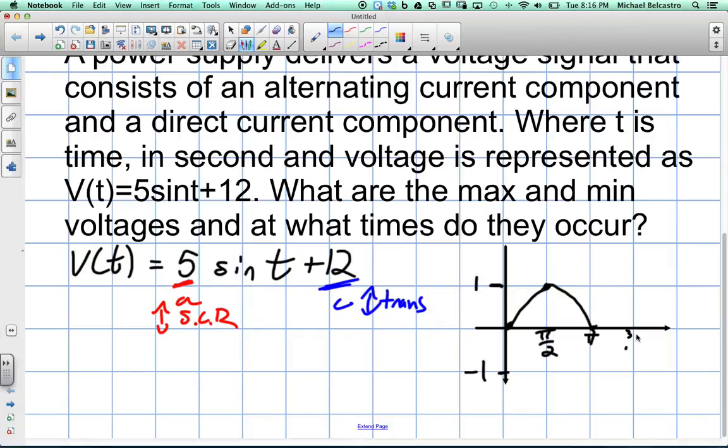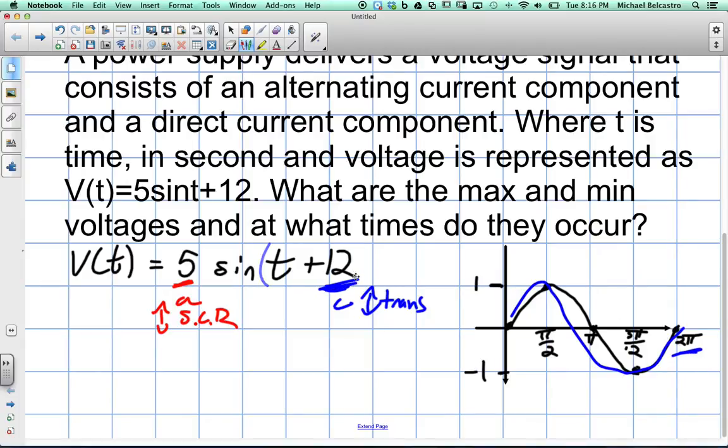At 3 pi over 2, we're at our -1, so that's our minimum. And then back at 2 pi, or 360 degrees, is when our entire period occurs. Okay? Now, since this t hasn't been affected horizontally, the period is still going to be the same. The period is still our 2 pi.